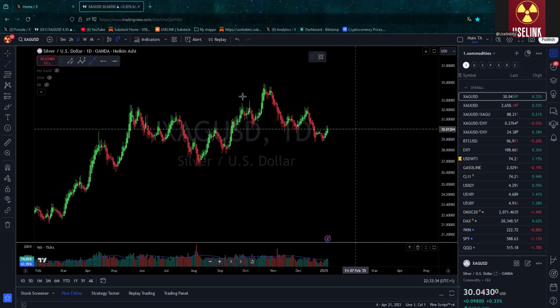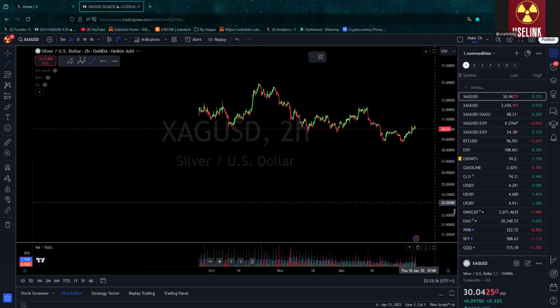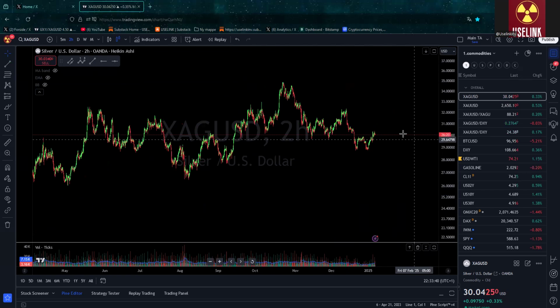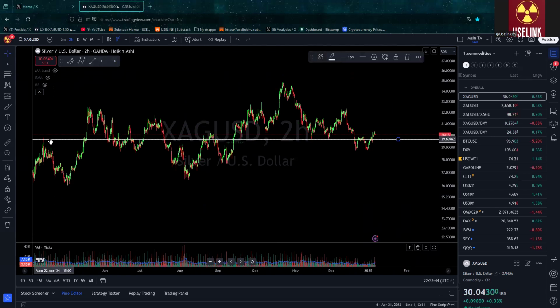We have our levels. I want to go down to the 2 hourly and draw them with you, because we have the two pivot lows here, which are connecting beautifully all the way together. You can see that roughly the 29.7 is a big level. And then you have some all the way up to here. You can see internally here as well, the high over here, the lows there.